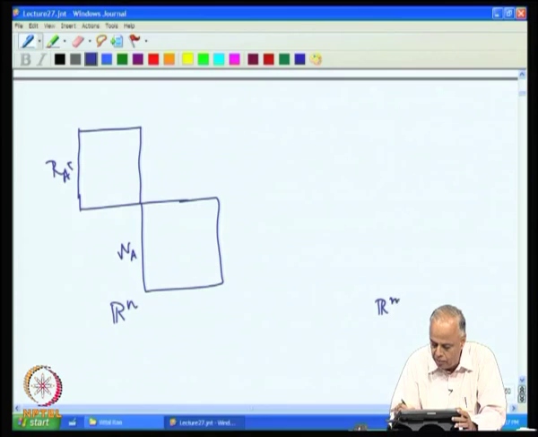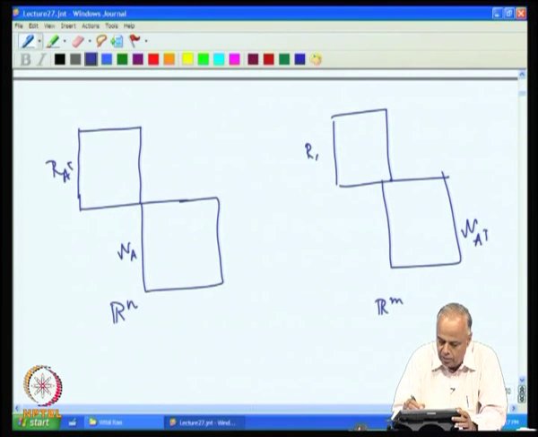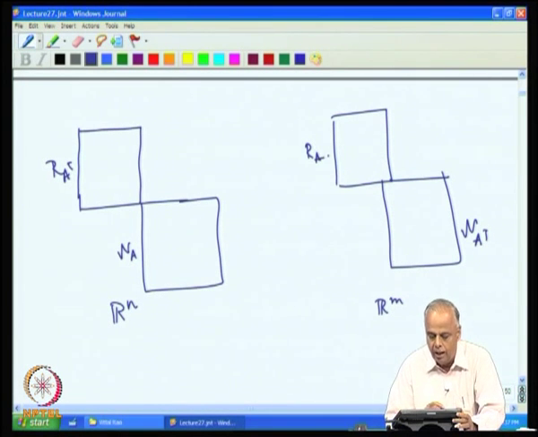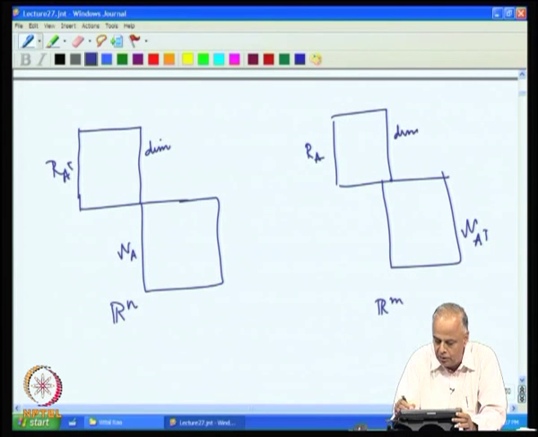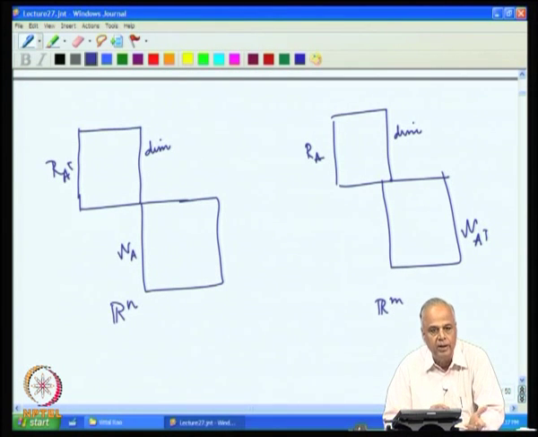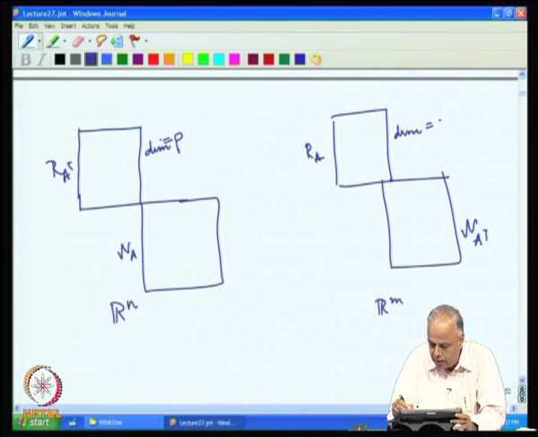On the R^m side, we had the null space of A transpose and the range of A, and again these two subspaces are orthogonal to each other. The dimension of this and the dimension of this are the same, because the rank of A is the rank of A transpose, as we found, and now we will denote the common dimension by rho.